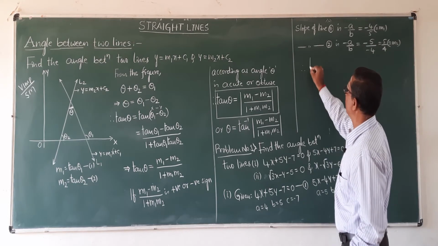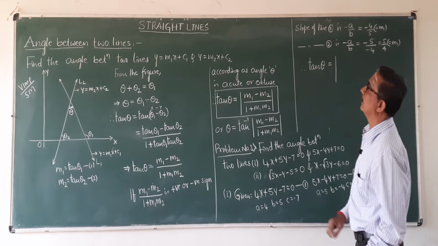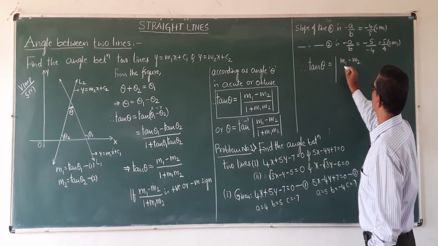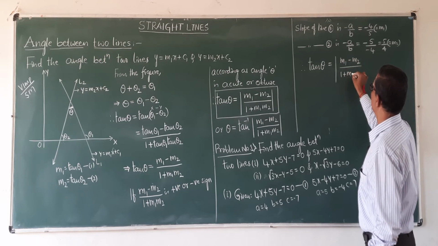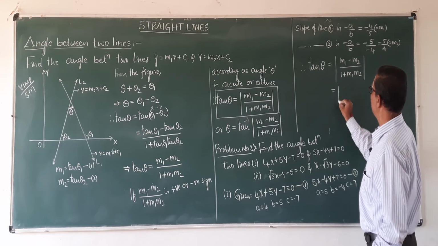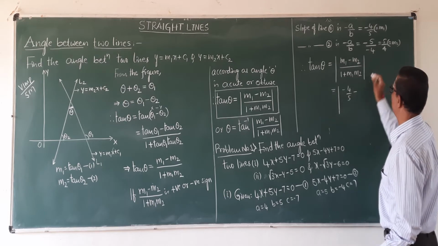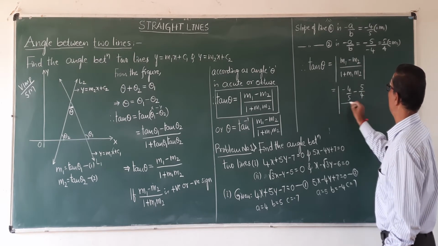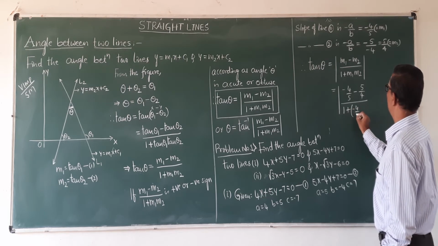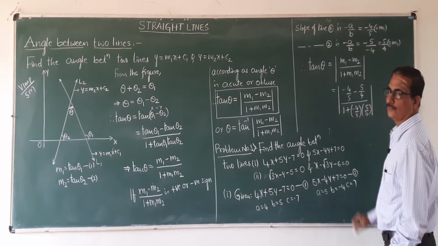Then apply the formula for angle between two lines. What is the formula? Tan theta is equal to modulus of m1 minus m2 divided by 1 plus m1 m2. Substituting the values, m1 value minus 4 by 5 minus m2 value 5 by 4 divided by 1 plus m1 value minus 4 by 5, m2 value 5 by 4.